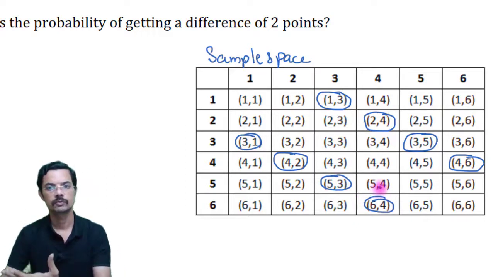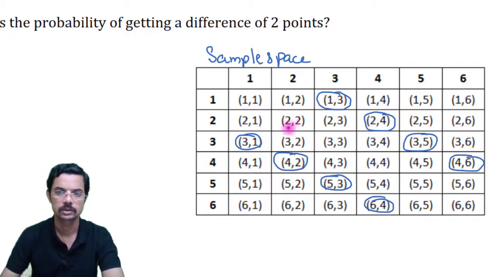Do we get a difference of 2 in any other cases? 2 minus 2 is 0, 3 minus 2 is 1, 5 minus 2 is 3, 6 minus 2 is 4. So we are not getting a difference of 2 in any other cases. So we have 8 favorable outcomes.